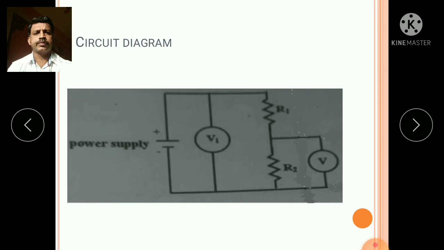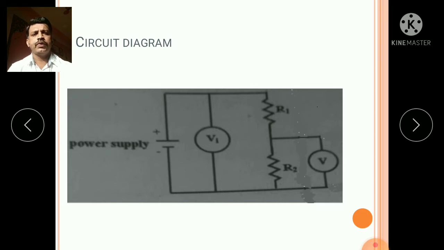Circuit diagram. So the circuit diagram for the maximum power transfer theorem is like this. Here we consider two resistances, R1 and R2. R1 we fix in this practical at 1 kilo ohm, or 1000 ohm, and R2 we vary: 200, 400, 600, 800, 1000 and 1200.